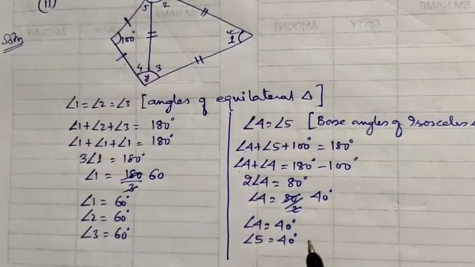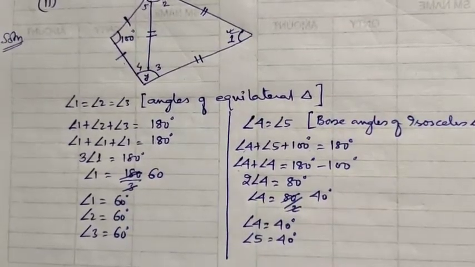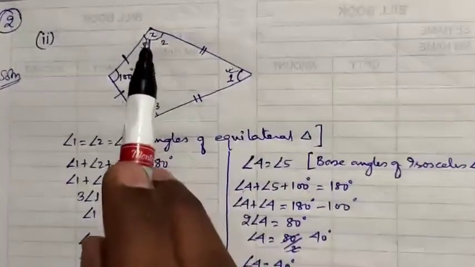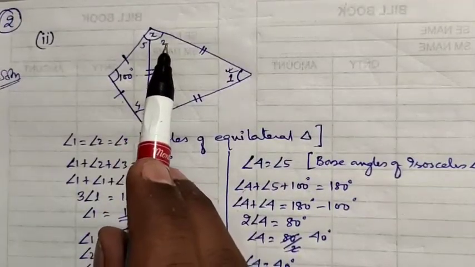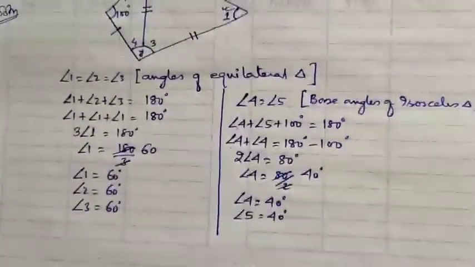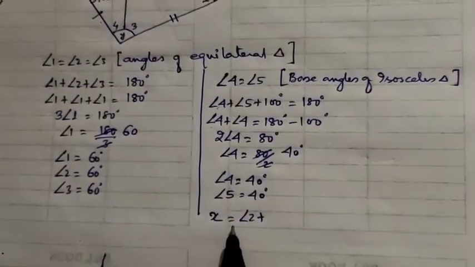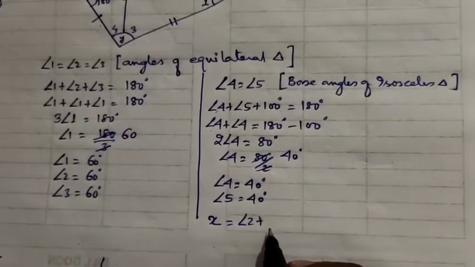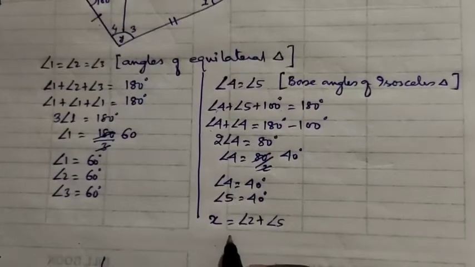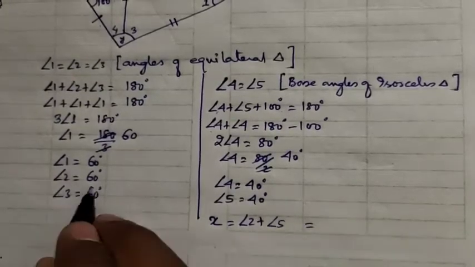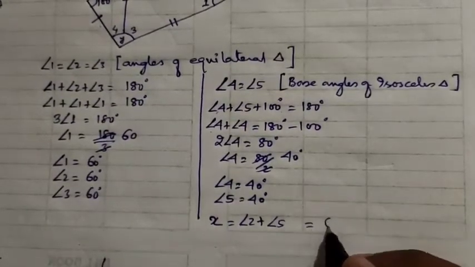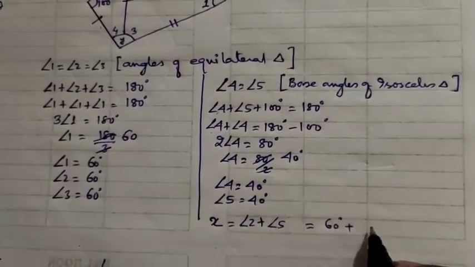Now the question has asked us to calculate x and y. Here you can see in the figure that x is the sum of angle 2 and angle 5. So we will write x is equal to angle 2 plus angle 5. The value of angle 2 we have calculated as 60 degree and angle 5 we have calculated as 40 degree.